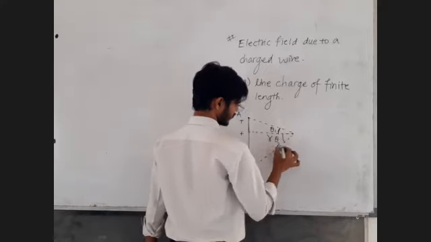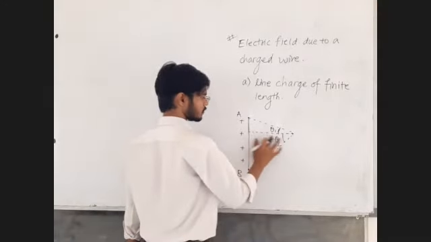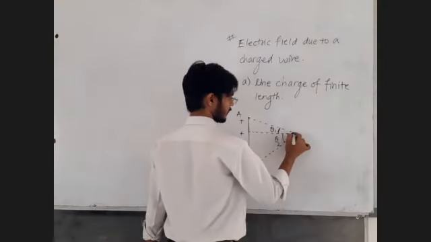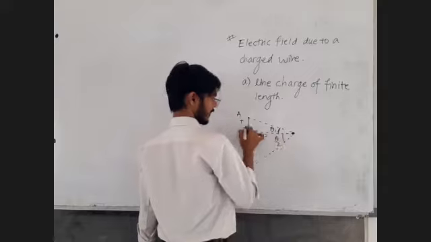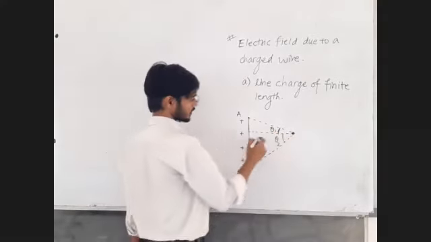Angle with the upper end is theta 1, angle with the lower end is theta 2, and the perpendicular distance of the given point from the wire is, let's say, r.